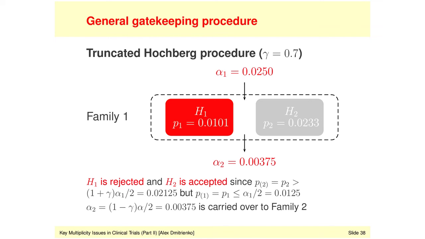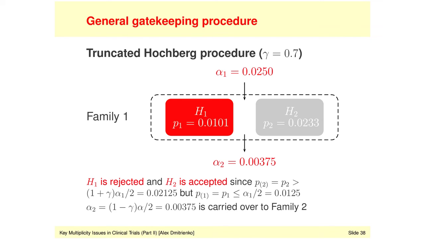They help us visualize the decision rules applied in family 1, which is this slide, and then in family 2 on the next slide. We're going to begin with the alpha level set to 0.025. That is the one-sided alpha level that will be applied to the primary family.